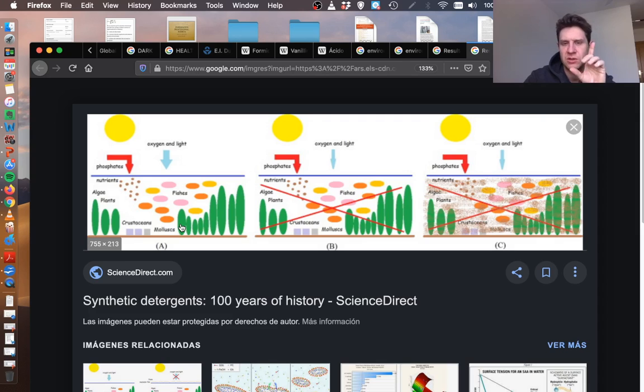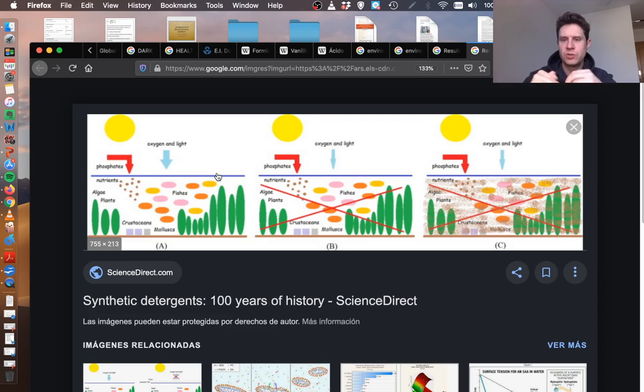Esto es lo que está pasando en Murcia. So this sea, small sea, that is in La Manga, is dying because we are generating so many pollutants that are on the surface that the light cannot get in. The same happens with the oil, yes, that is on the surface.